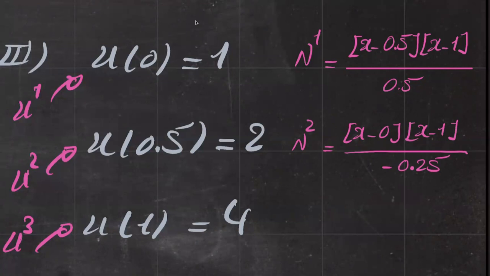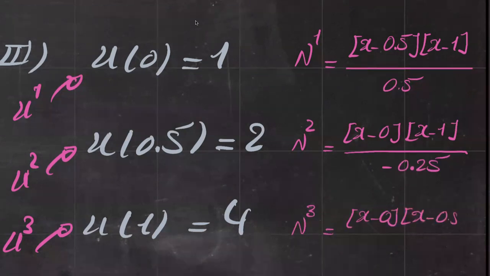And then you have N3. Now N3 must be 0 at 0. It must be 0 at 0.5. Then it must be 1 at point 1.